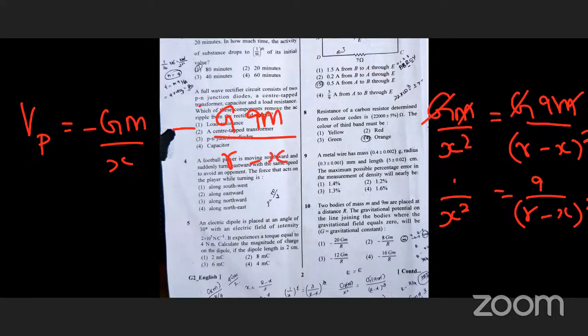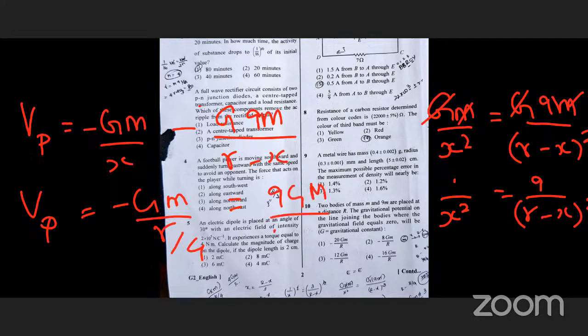Applying the x value, we know x is equal to r by 4. So minus Gm divided by r by 4, and similarly minus 9 Gm by r minus r by 4.